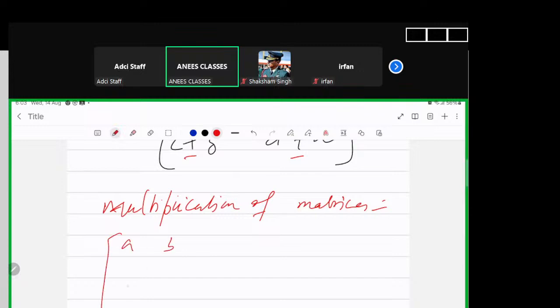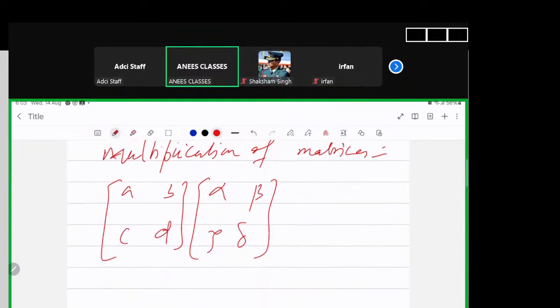Now multiplication of matrices. A, B, C, D. Alpha, beta, gamma, delta. Right? Suppose a matrix has M cross N and the second matrix has N cross P. That means the number of columns in the first matrix equals the number of rows in the second matrix.